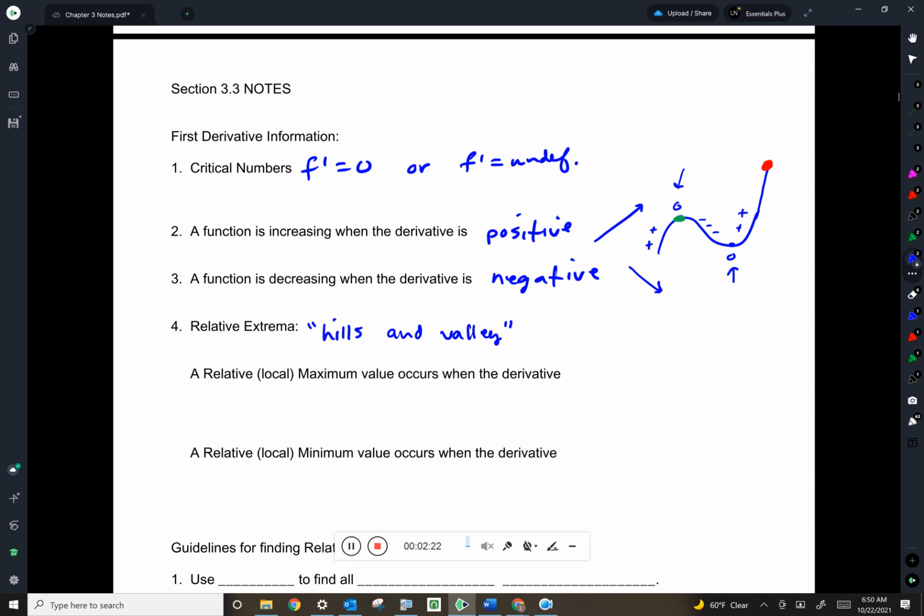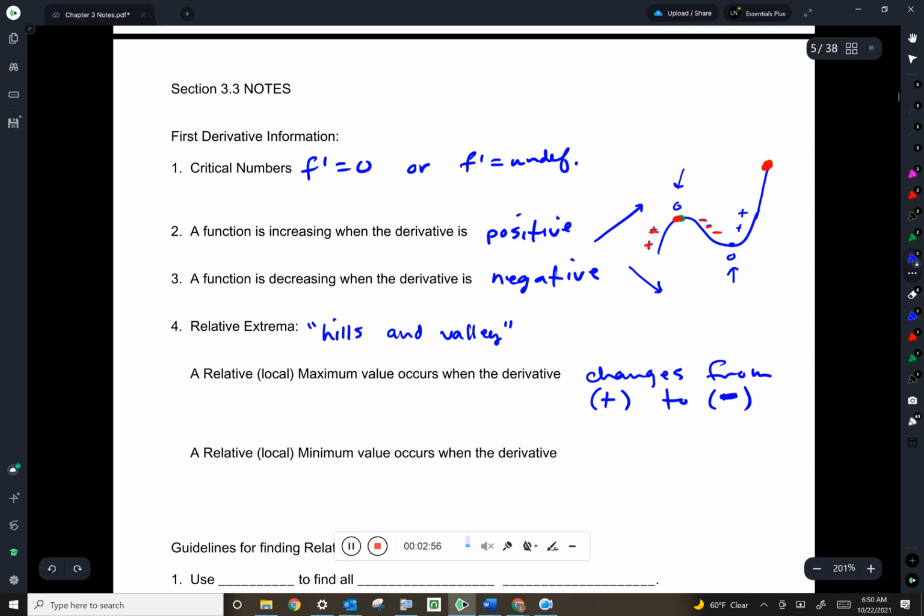Okay, so relative maximum values occur when the derivative changes from positive to negative, which makes sense. If you look at this picture that I have up above, over here the derivative is positive, and then it changes to negative, and at that point right where it changes, we know that we have a relative max.